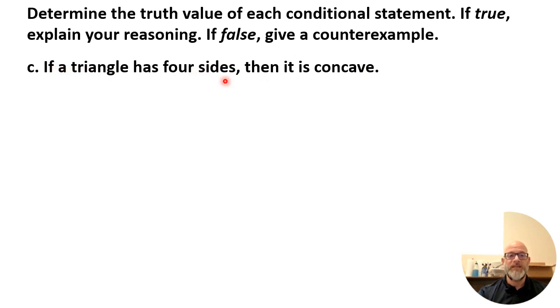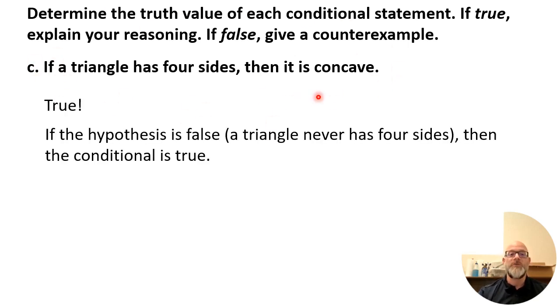Is the hypothesis P true or false? Well, it's obviously false. A triangle never has 4 sides, right? What do we say happens if the hypothesis is false? The conditional is automatically true. This is true because if the hypothesis is false, a triangle never has 4 sides, then the conditional is true.